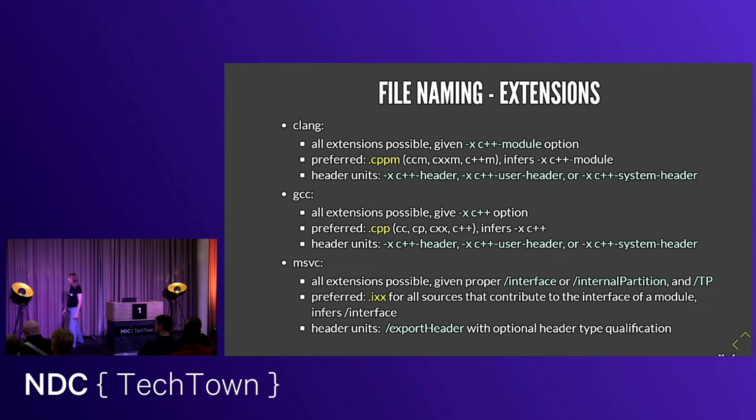Clang loves to have an M suffix there. GCC says it's just C++, okay. And MSBuild says, it's an interface, let's throw an I in there so the interfaces stick out. And that's all about this topic of file names.